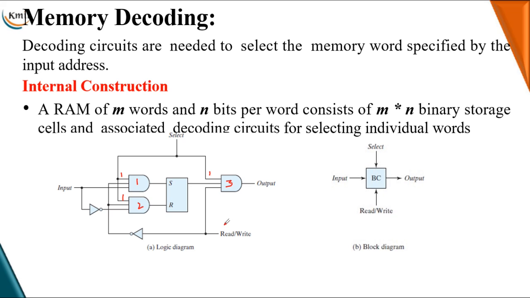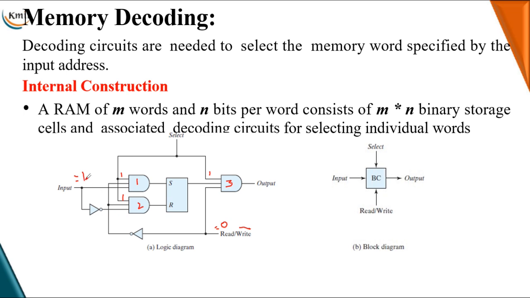For example, if I wanted to load the data, then I need to apply a control signal of 0 on your read or write bar. When I apply a 0 on the control input, it can simply store the data. Now I wanted to load a logical 1, so I will transfer the logic 1 input data through this data input line.